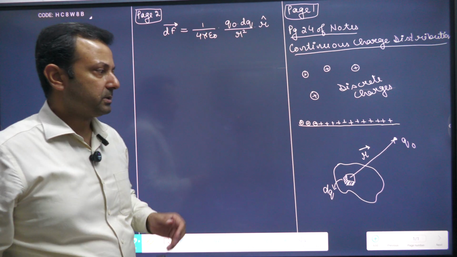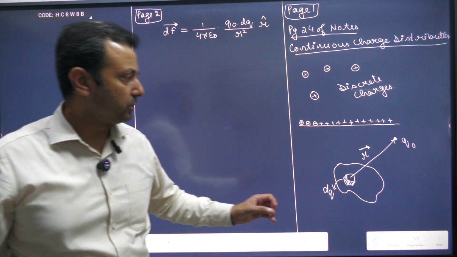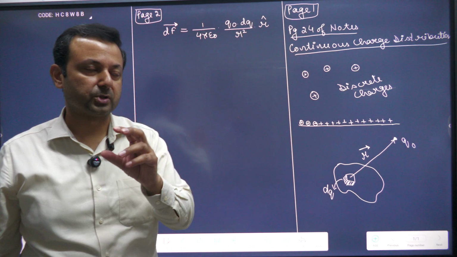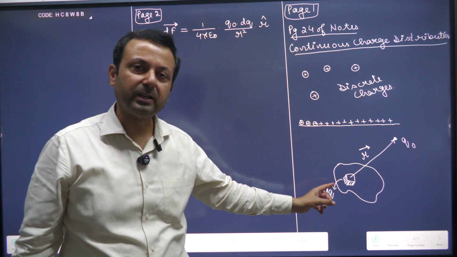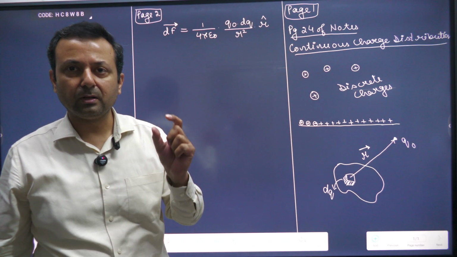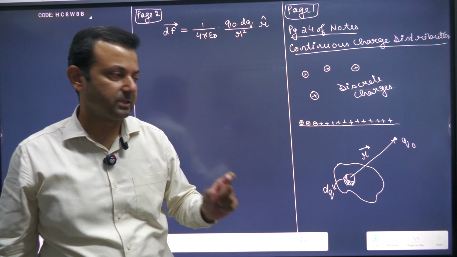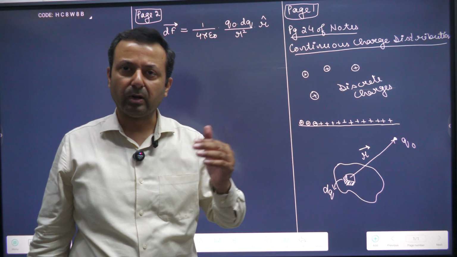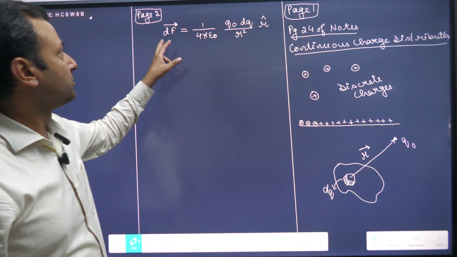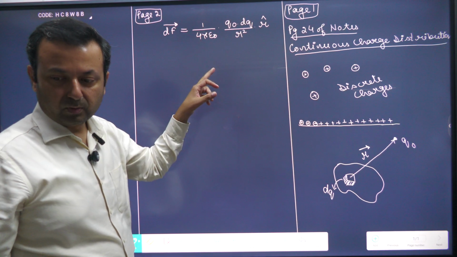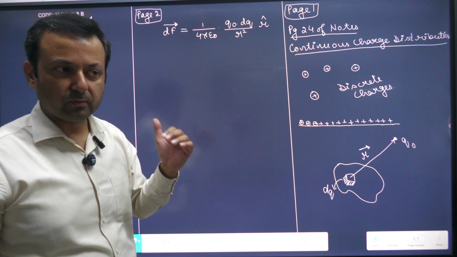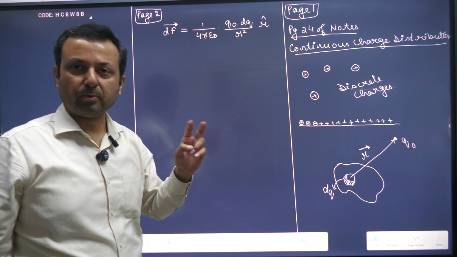So we want to calculate the force which exists between dq and this charge q naught. Because dq is very small, the force between dq and q naught will also be very small, so let us consider that force to be dF. By Coulomb's law, force can be calculated as 1 upon 4 pi epsilon naught q1 q2 upon r square.